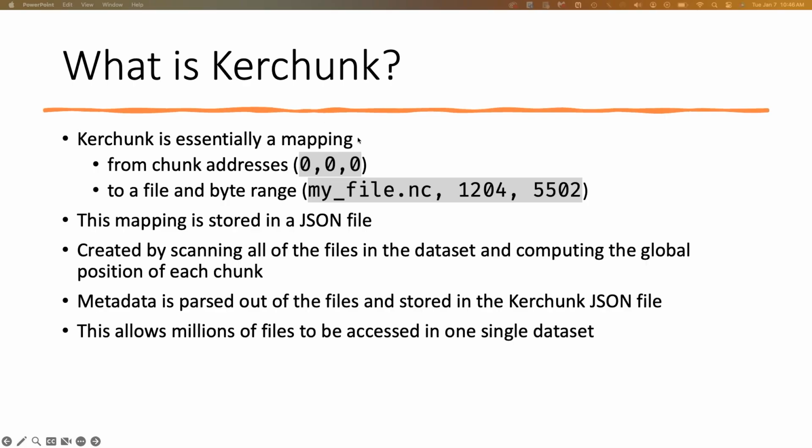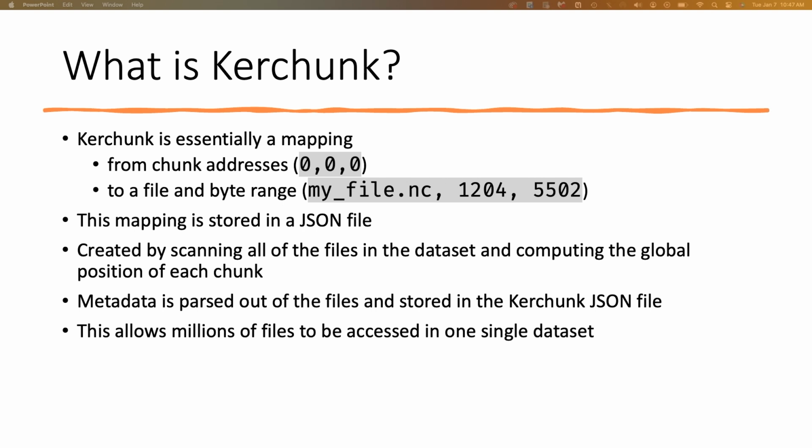So, you go from a chunk address to a file, let's say myfile.nc, and some range of bytes. Maybe you go from byte 1204 to byte 5502. I just made these up, right? This mapping is stored in a JSON file. It's created by going through a data set, and this can be one file, multiple files, anything really. And you open each file in the data set once.